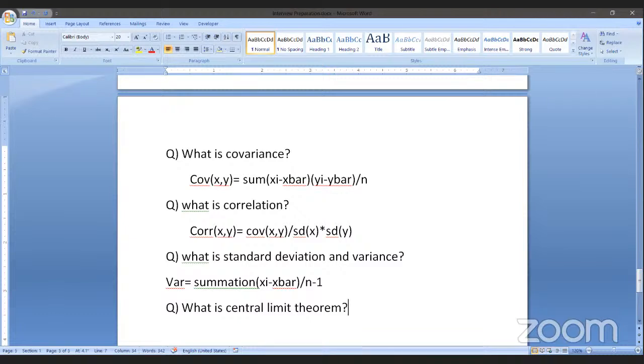So greater than 30 is generally considered to be sufficient to hold the central limit theorem.